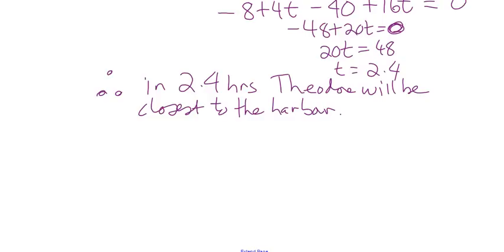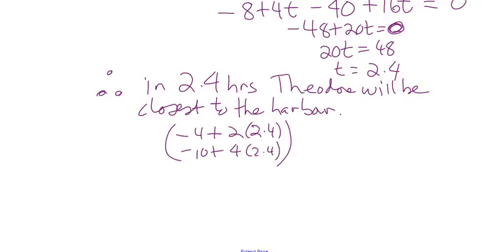And what will Theodore's position be? So -4 plus 2 times 2.4, and then -10 plus 4 times 2.4, which is equal to something, 0.8 and -0.4.